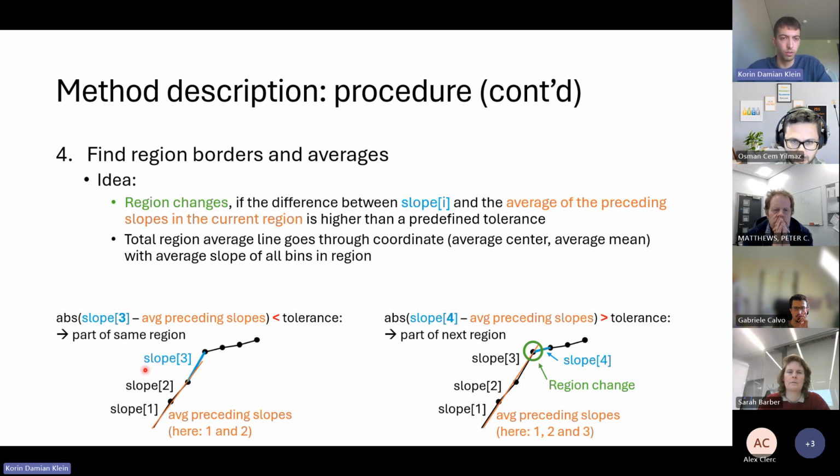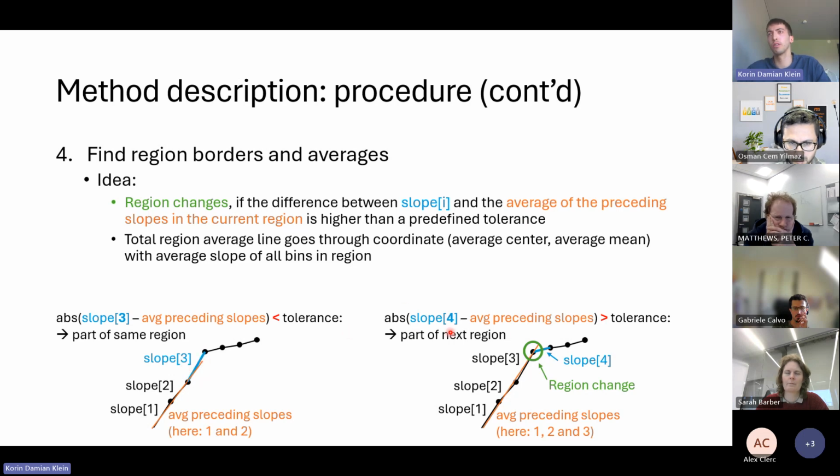We're going to start here with slope number 3, for example, which is this blue line here. We calculate the difference between the slope and the average of the preceding slopes, which in this case is the average of slope 1 and 2. The method decides this difference is lower than the tolerance we have defined. That means slope number 1 and slope number 2 are in the same region as slope number 3.